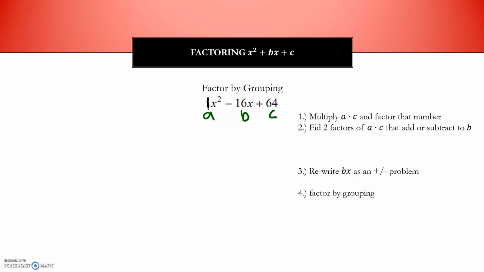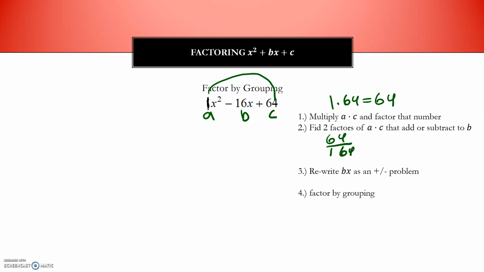The first coefficient for x squared is 1. So you're going to take that coefficient and multiply a times c. 1 times 64 is 64. You're going to find two factors of that number that add or subtract to b. b is negative 16. Don't worry about the sign right now, just worry about the 16.